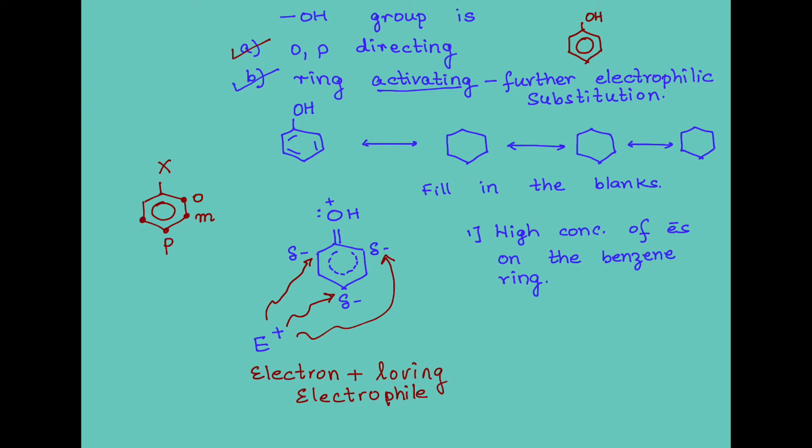So what will this position be called? What will this position be called? Yes, go the other way around. Now if you see, the first position with respect to this is ortho. The second position with respect to this is meta. So there are two ortho positions, two meta positions and one para position.